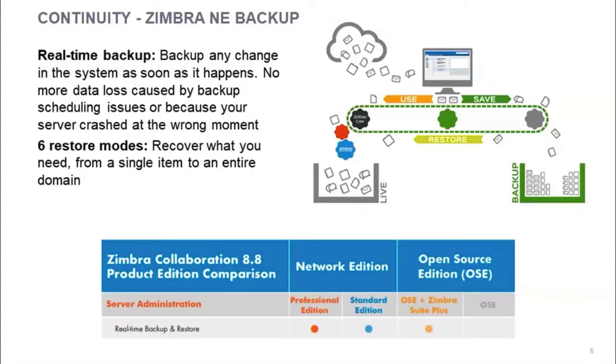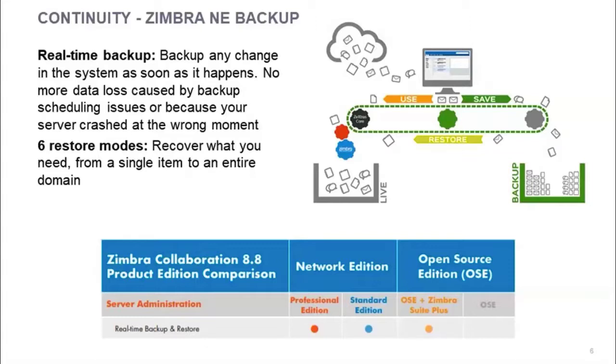There is more than one level of backup. For example, you can have a complete backup for your solution and your mailboxes. With a simple click, you back up everything that you have in Zimbra. Or you can go down to the mailbox of a single account.